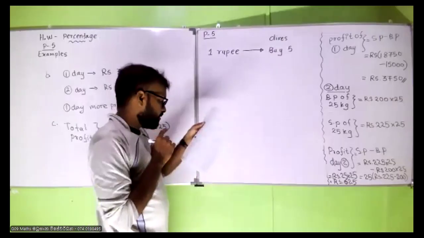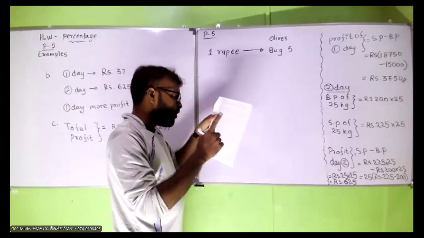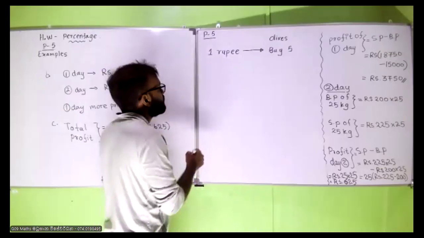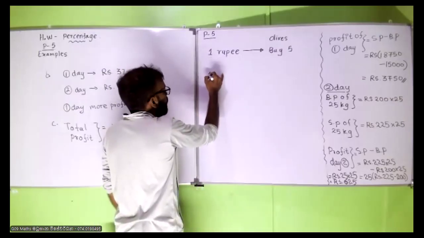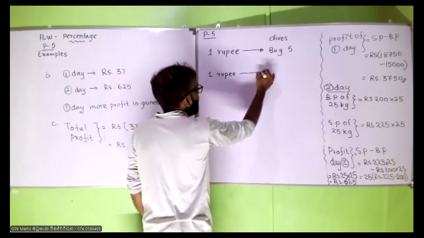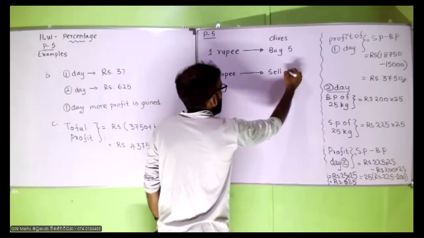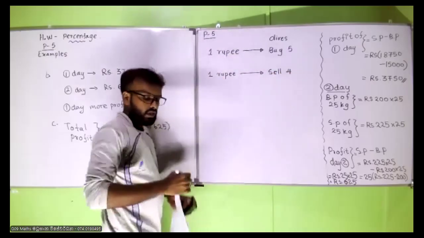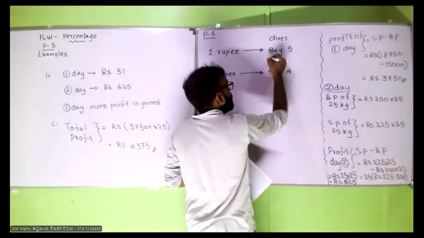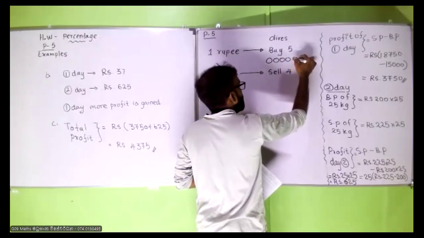Then they were sold for some number per rupee. First of all, we had 5 olives: 1, 2, 3, 4, 5.